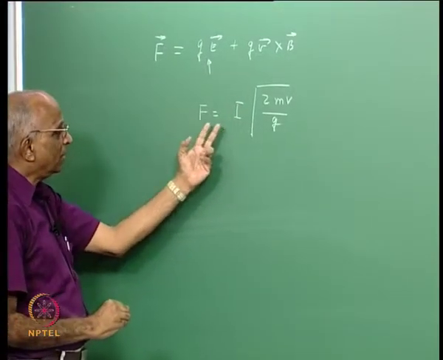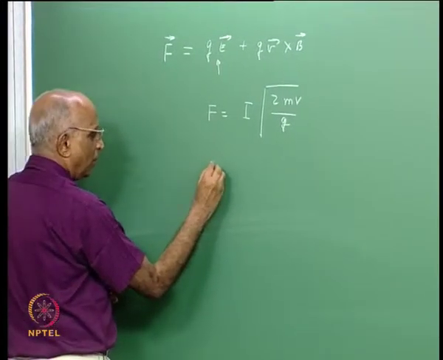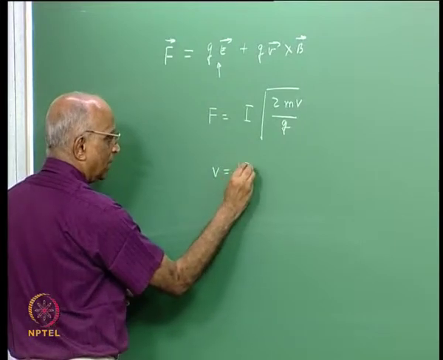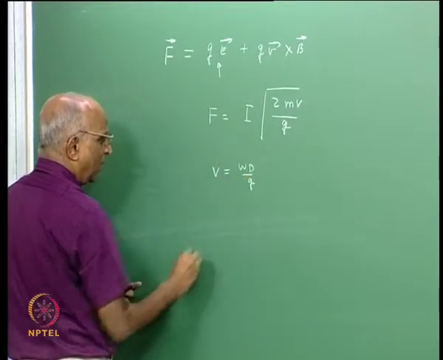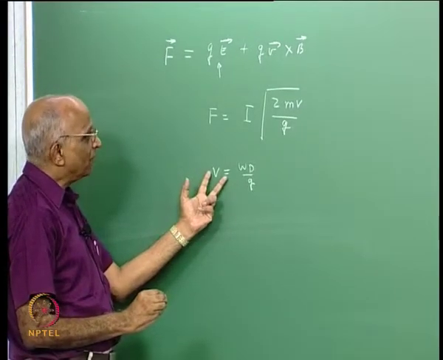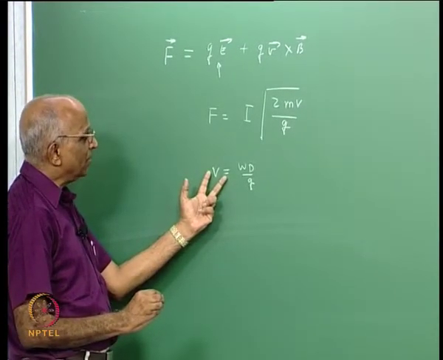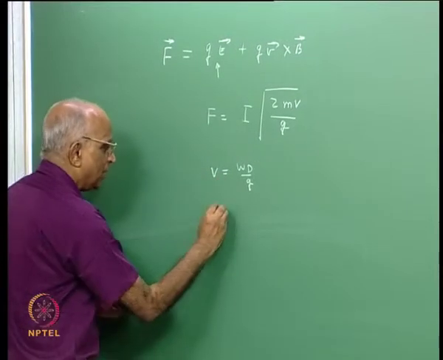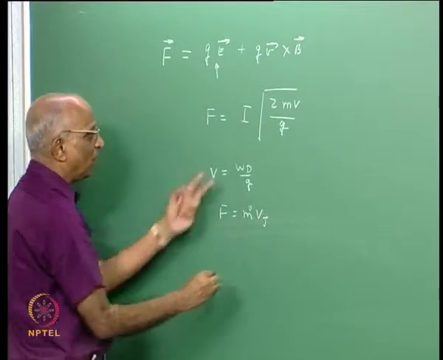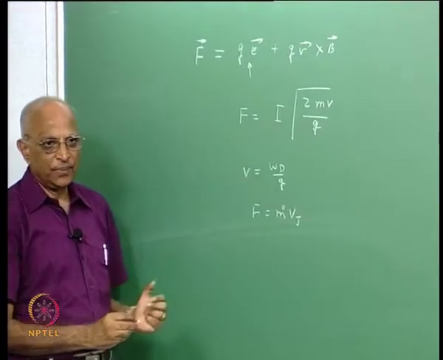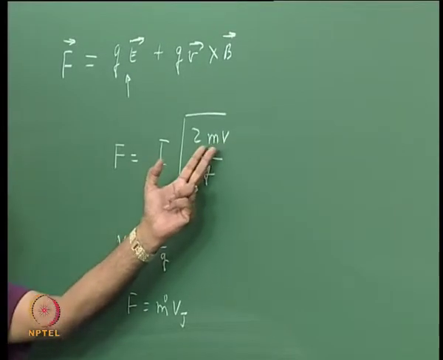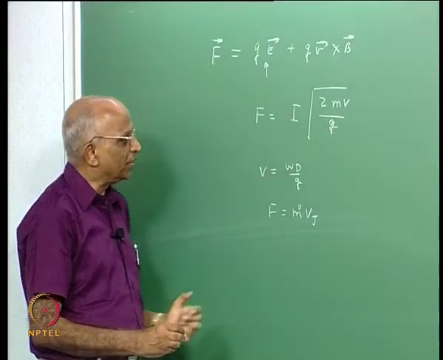We got that the potential difference, voltage, was equal to the work done per unit charge, and therefore we were able to write QV over here, and from this relation and also from the relation force is equal to m dot into V_j, we got this particular relation. This force is in newtons, I is in amperes, and then voltage, mass and the charge over here.